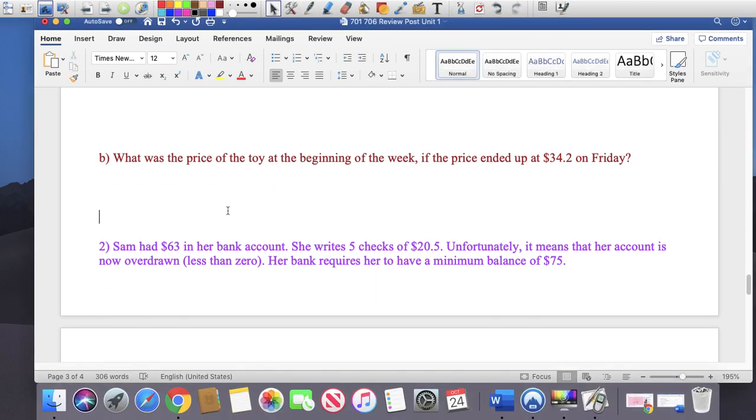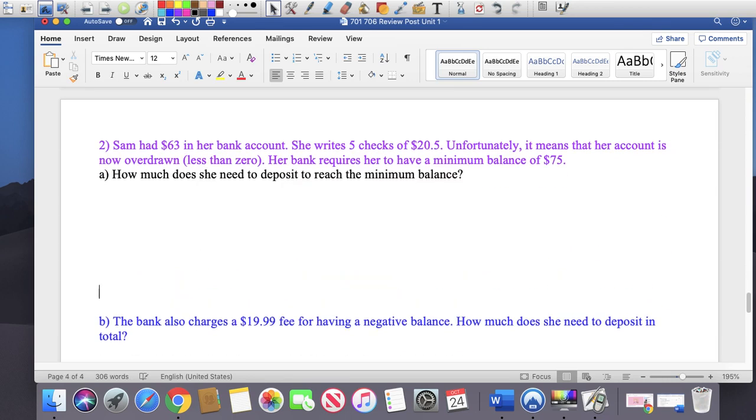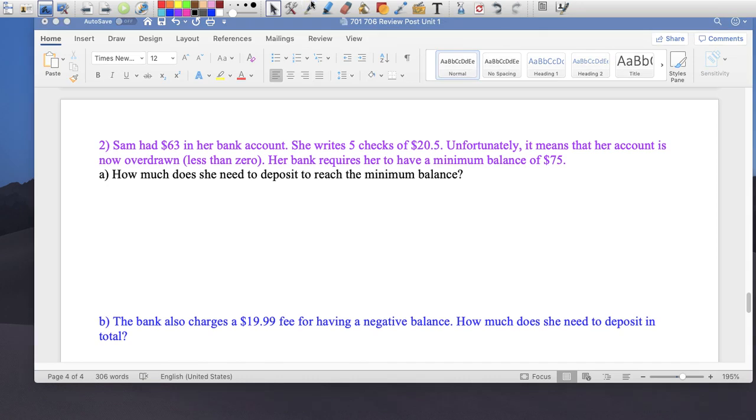So this is that bank question. It's just a different number. Sam has $63 in her bank account. She writes 5 checks of $20.05. So 5 times 20.05 is going to equal $100.25.